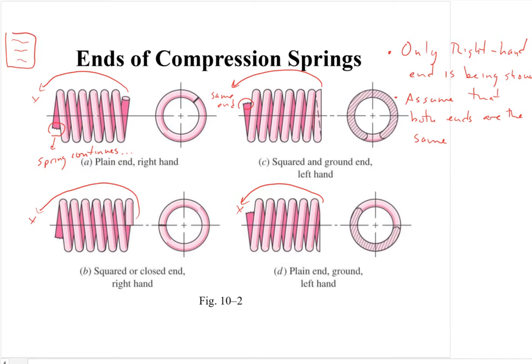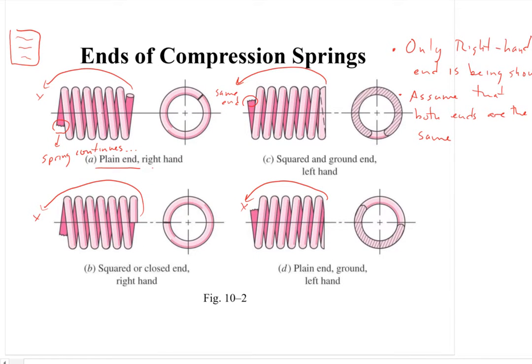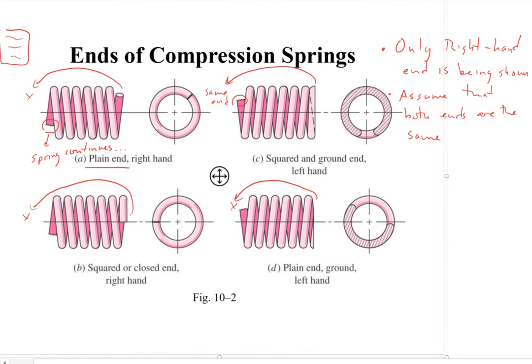Okay, so we've got four definitions. We have plain. That means pretty much nothing's been done to the end. We have squared, which means that the last part of the last coil has been bent to be flush, parallel to the surface that it's mating up to.